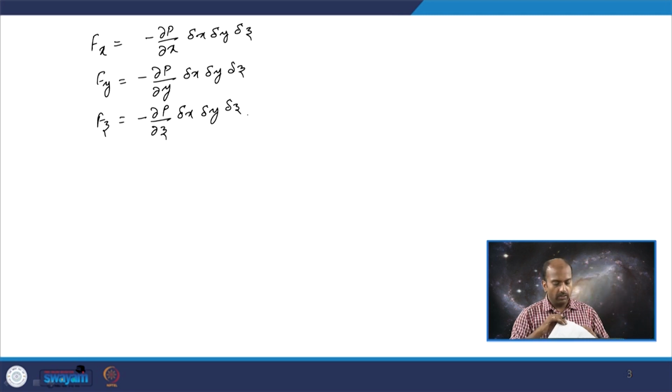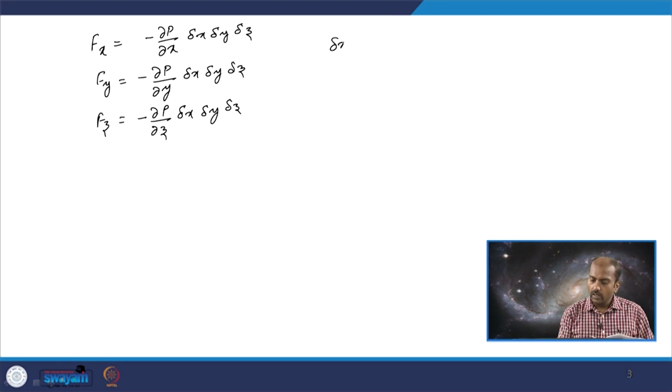We can combine these three equations. Here Δx Δy Δz is the volume.